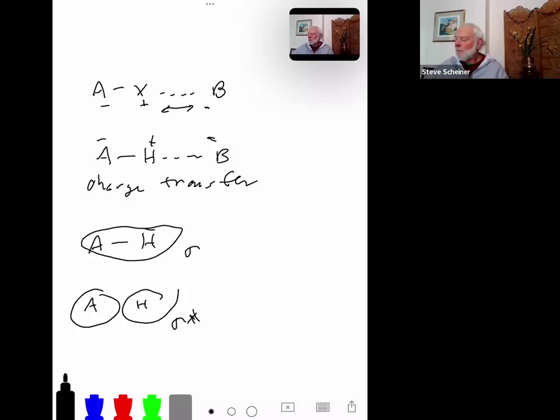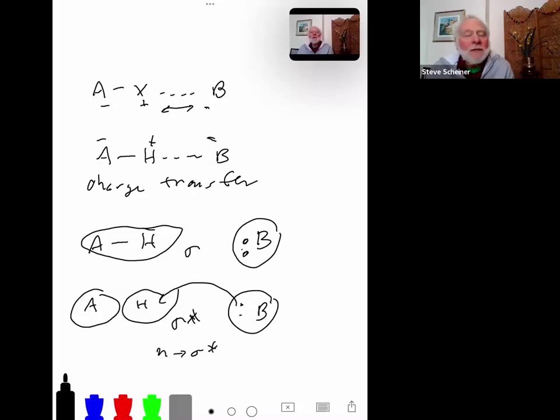When a base comes up, it has a pair of electrons, and some of these electrons, a little portion of it, transfers across like that. That's what's meant as charge transfer. So this charge transfer element is sometimes called n to sigma star. So n is another notation for lone pair because it's non-bonding. So hydrogen bonding has an electrostatic piece, it has a charge transfer piece, and there's also dispersion.